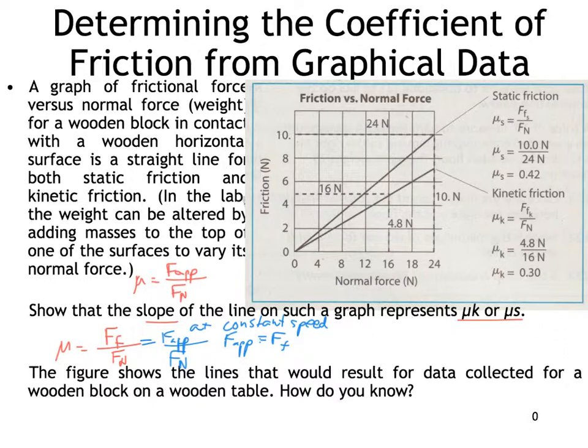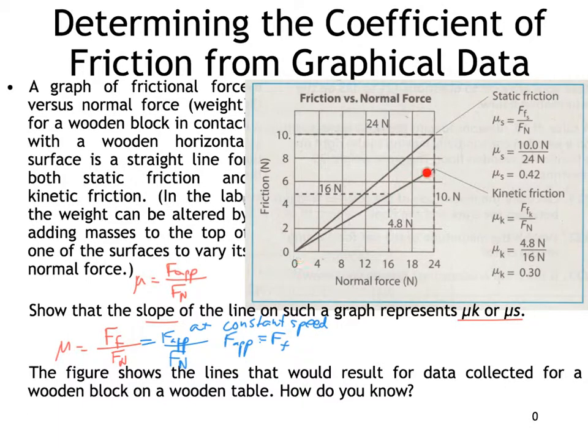But when we just calculate this slope, we'll get the value for mu static. So it's a rise of 10, which is this distance, and a run of 24, which is this distance, and that gives me 0.42, which if you look on your reference table, is the static coefficient of friction for wood on wood.